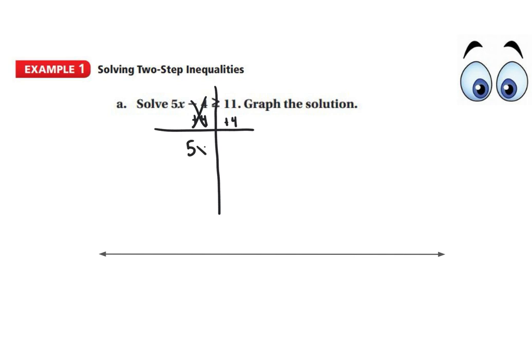And you're left with 5x is greater than or equal to 15. And now you'll divide both sides by 5 to undo the multiply by 5. 5 over 5 is 1, so you have x is greater than or equal to 3. Our circle will be filled in because it could be equal to, and our arrow goes to the right because it could be greater than.